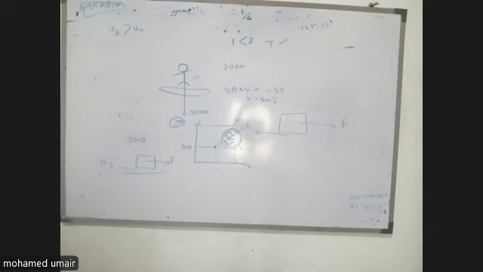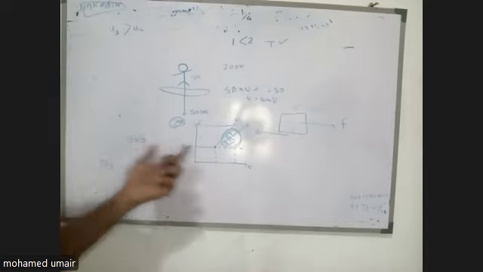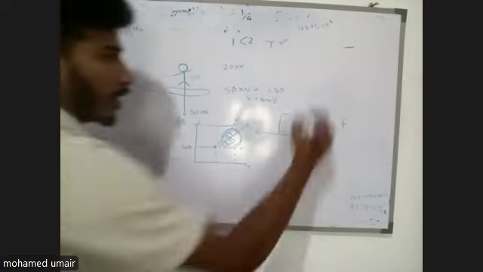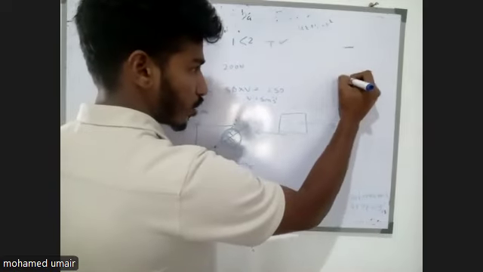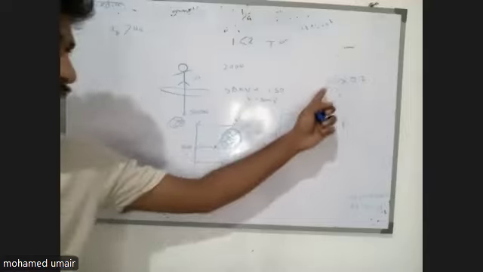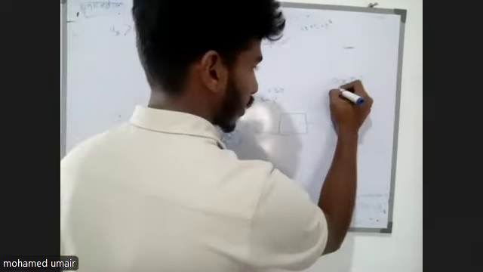What was the friction? The mass is 5 kilogram. Coefficient is 0.2. So it will be 50 times 0.2. 50 will be the weight times 0.2, which is around 10 Newton.